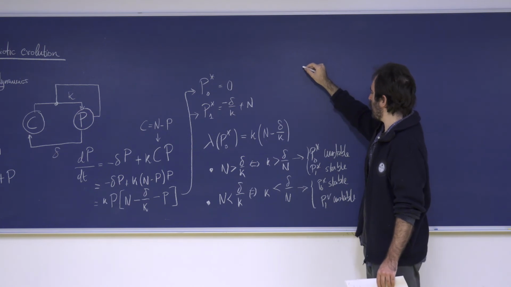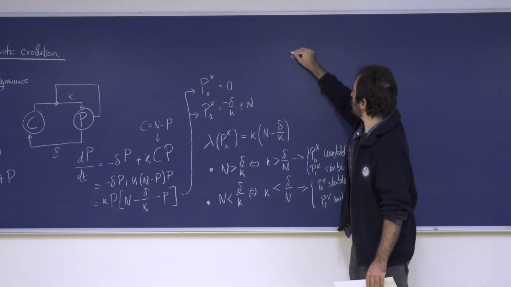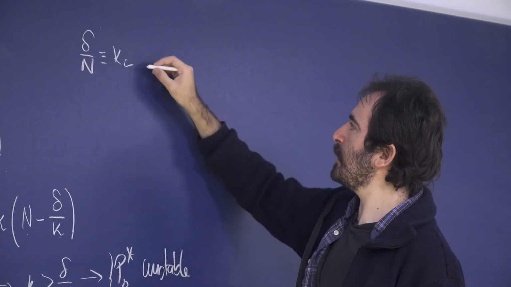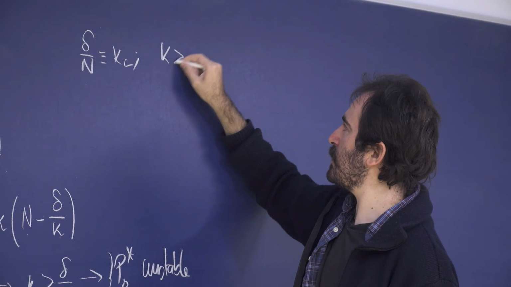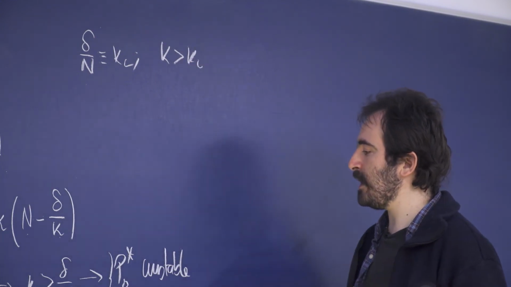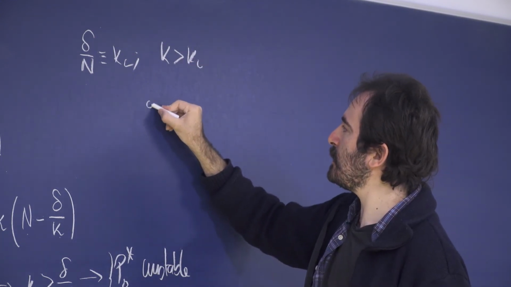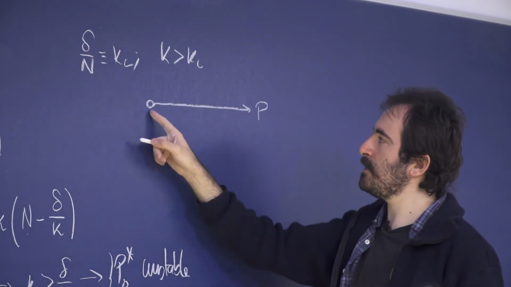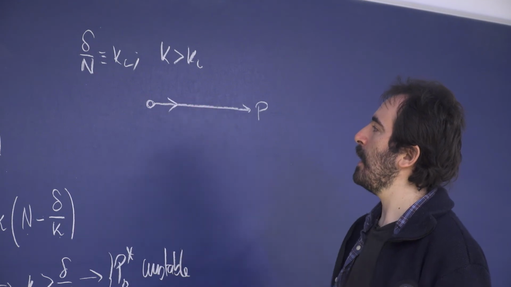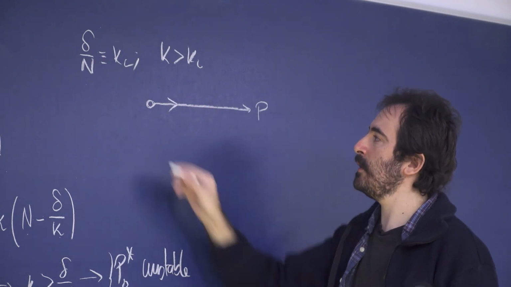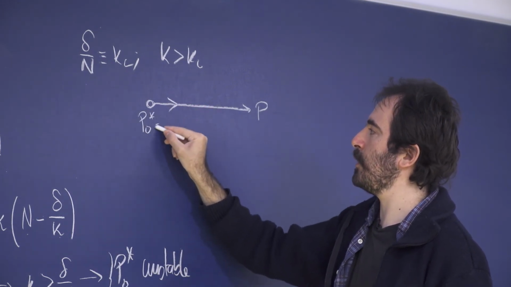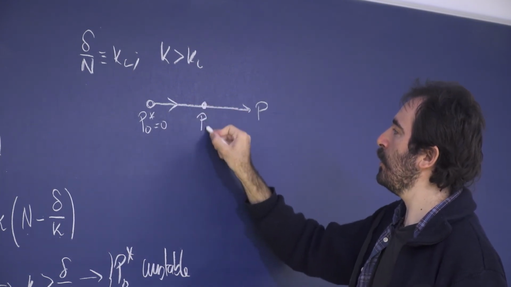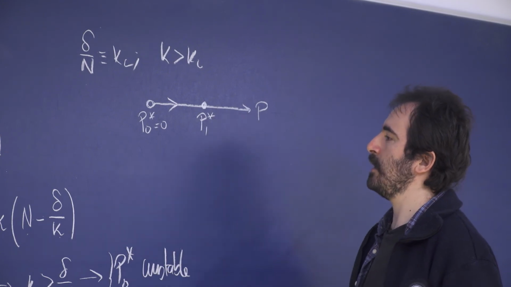In the first scenario, where I'm going to now denote delta over n as k critical, where k is larger than k critical, what we are seeing here is that this point, right, so this is going to be the line for p, this point here is unstable, therefore any position around this point, the trivial fixed point, is going to be escaping the trivial fixed point, and it's going to go to this one, right?